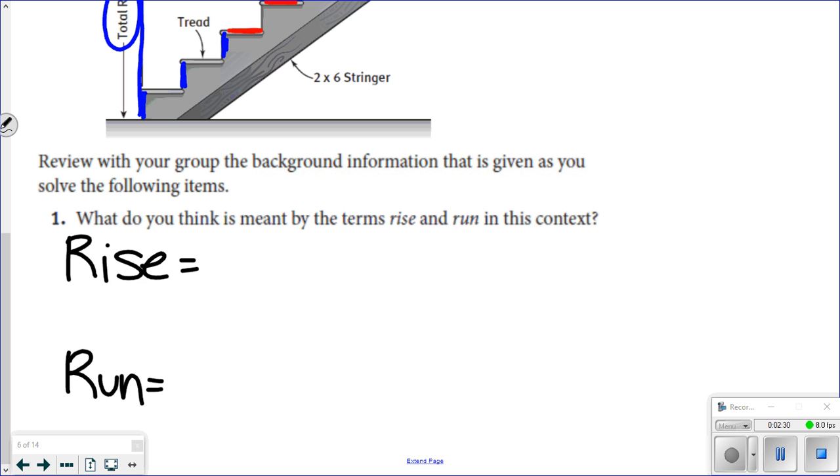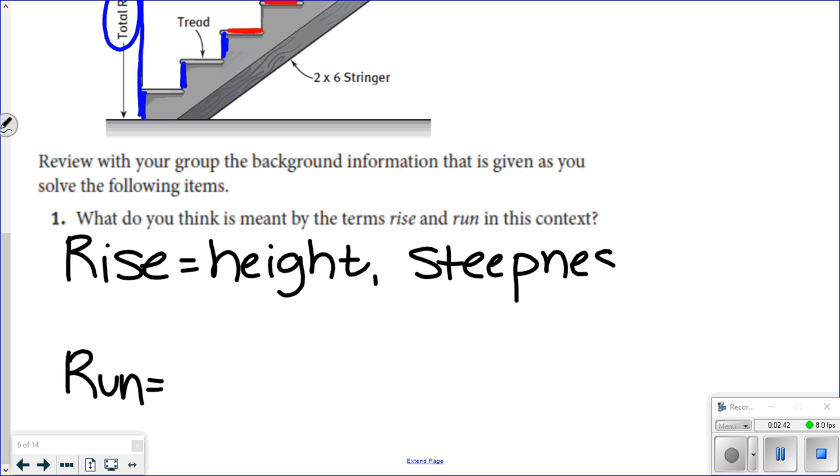Some answers that I've received in the past are height or steepness of the step. Rise is up and down.